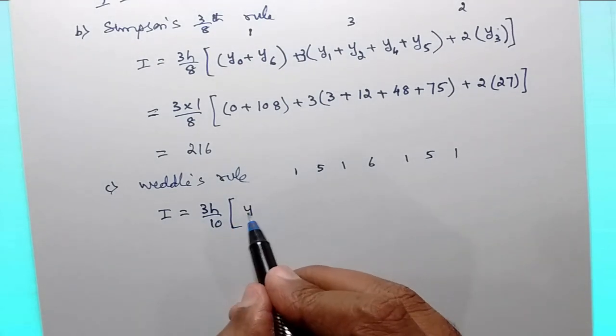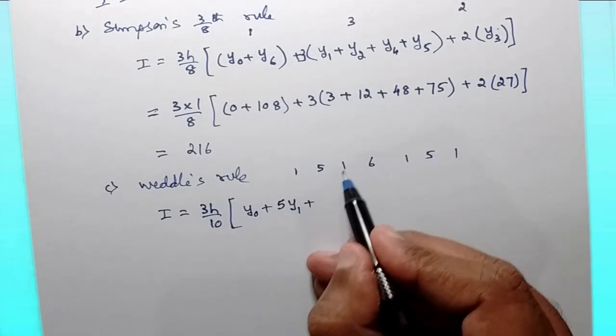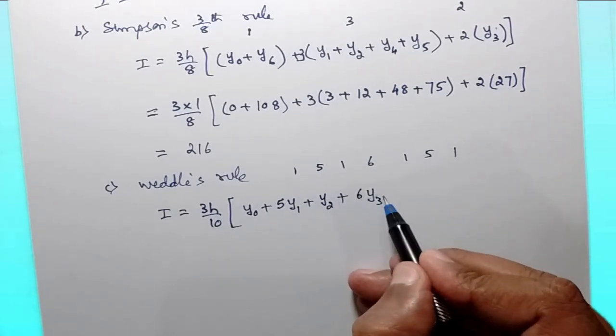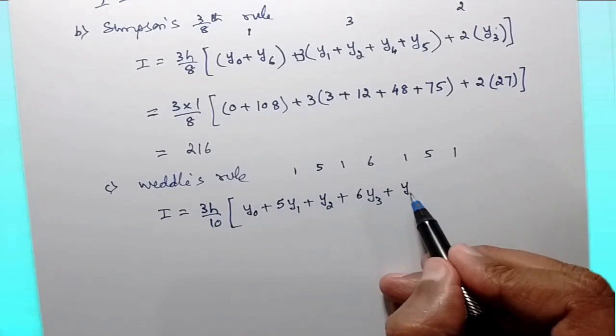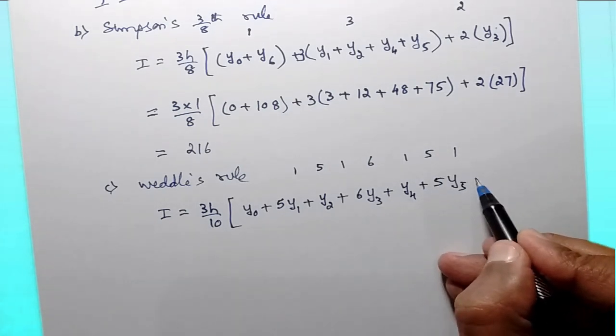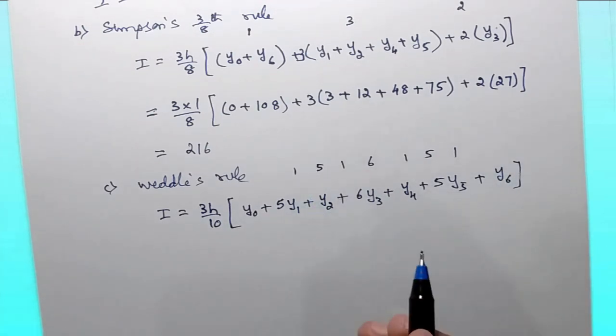So 1 times y0 plus 5 times y1 plus 1 times y2 plus 6 times y3 plus 1 times y4 plus 5 times y5 plus 1 times y6. So this is how you can use the technique to remember the formula.